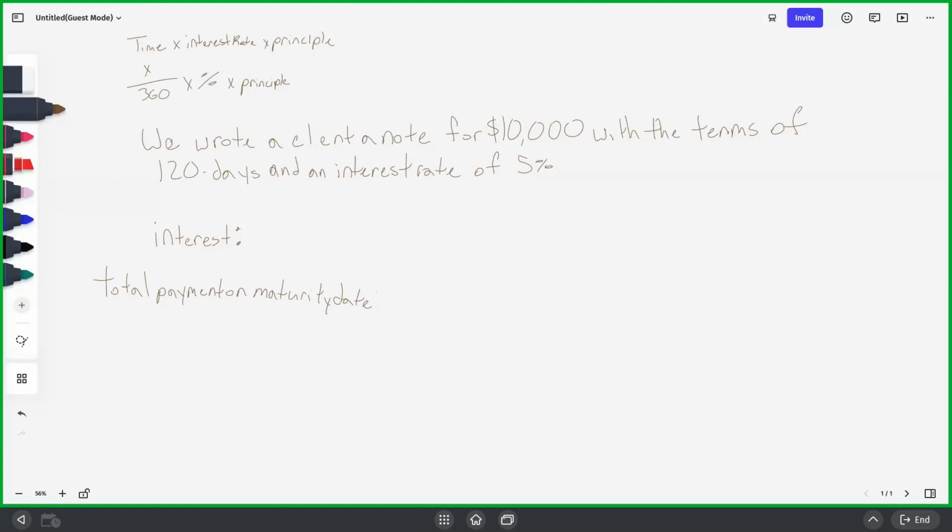Yes. So 120 over 360 is the days, and the reason we use a record of 360 days is because the days of the year always change, so everyone does it.